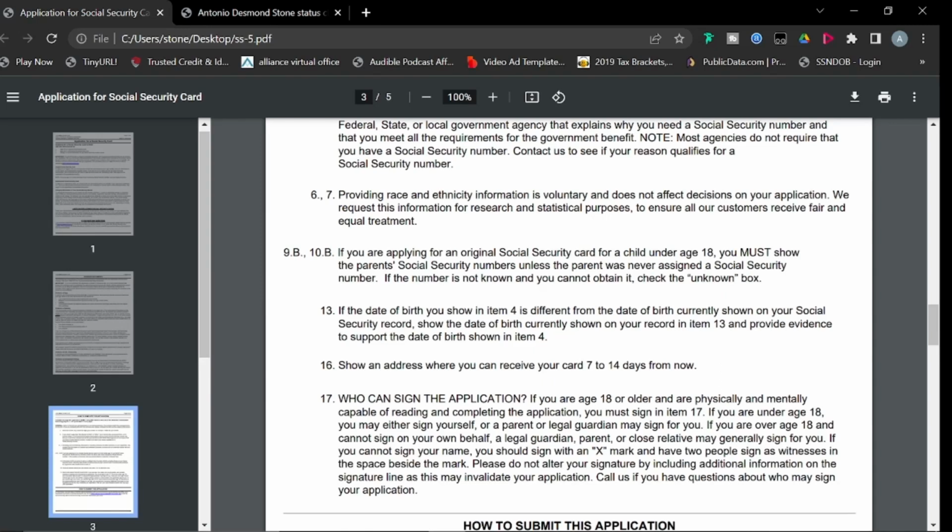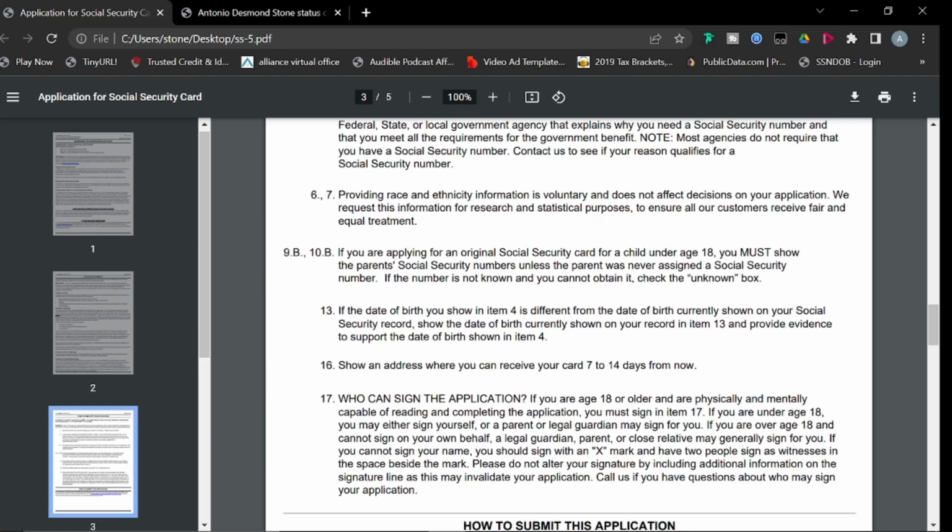Guys, I don't know who was teaching that, but stop putting the statutes and codes, because this is what they're going to do to you. Invalidate your application. Okay. So I'm going to go back up here. It says that you can sign on behalf of someone else. I'm not going back to where I messed up, where I said you sign on your own behalf.